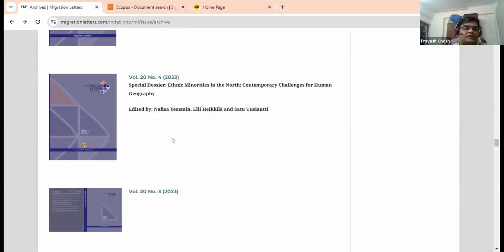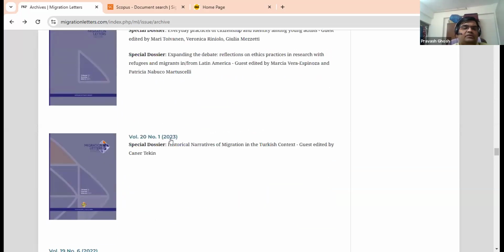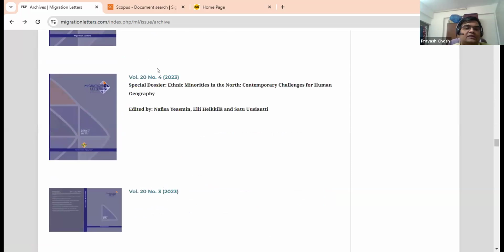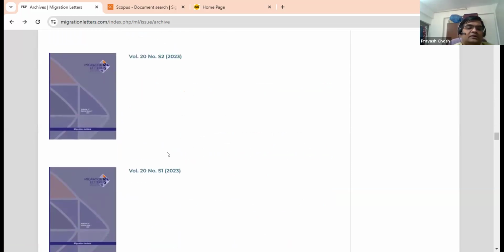Can you see this? If I just click one, you can see how many papers there are. Special dossier. Until here it was actually in Scopus, in 2023 it was in Scopus, and it was removed in June 2024, but it is still writing that we are in Scopus. And even some Indian deans and directors have papers there. I know them.